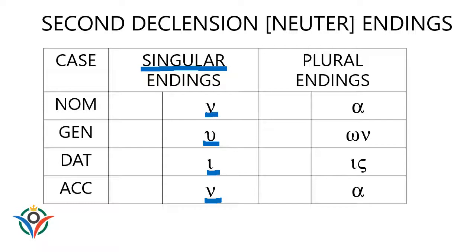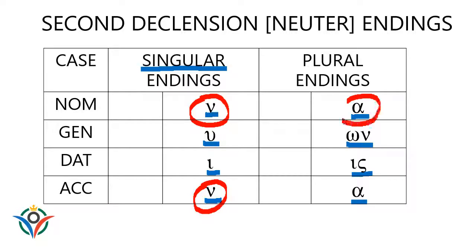Notice there that the nominative singular and accusative singular are identical. And then the plural endings: nominative is alpha, the genitive is omega nu, dative iota sigma, and accusative plural is alpha. And once again, notice that the nominative and accusative endings are identical.